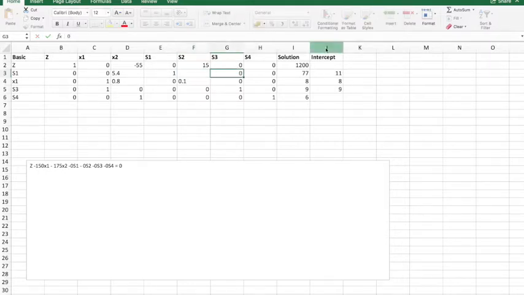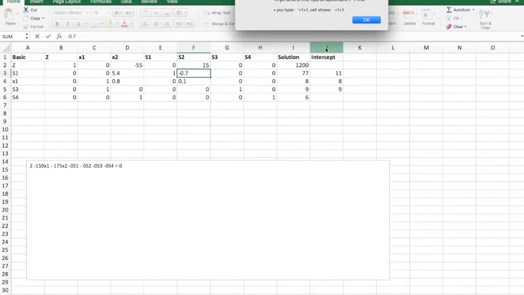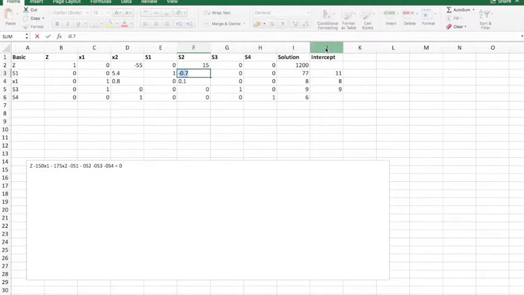Excel doesn't like what I'm doing here. There, I should put an apostrophe. Okay, that's something new to me. S3 is 0, okay, and our solution becomes 21.